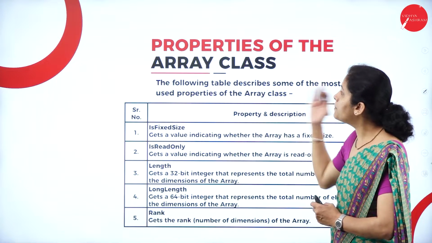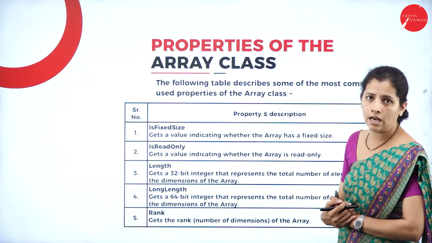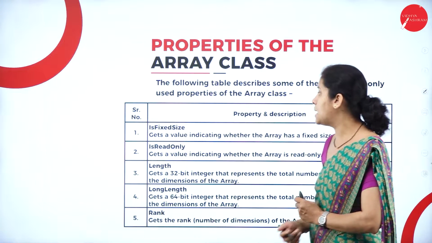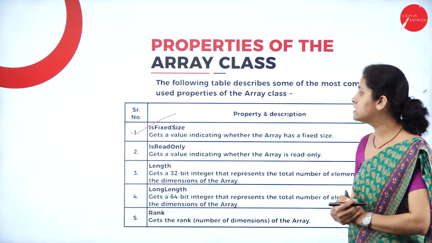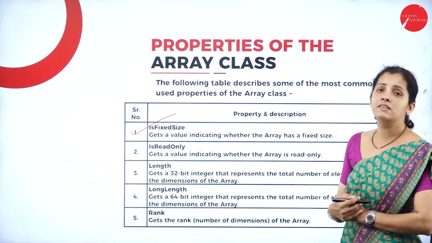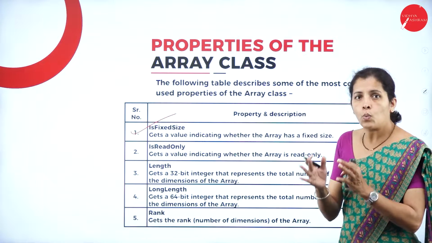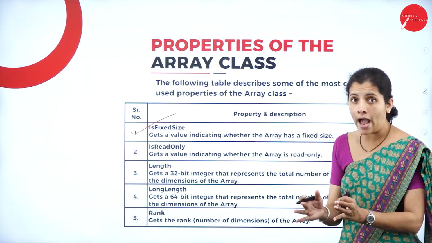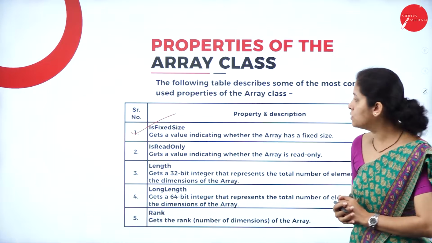So these are some examples of properties of the Array class. What is the first example? That is IsFixedSize. What is the meaning of IsFixedSize? I'm going to check whether the array I have is of fixed size or not.